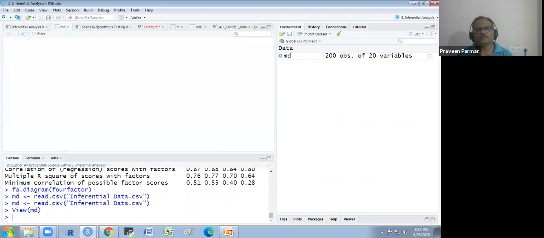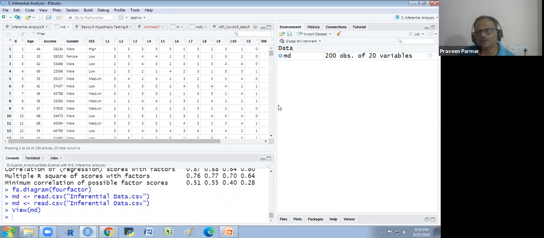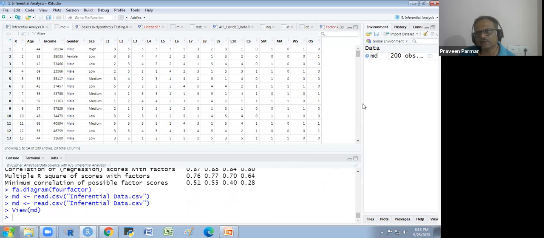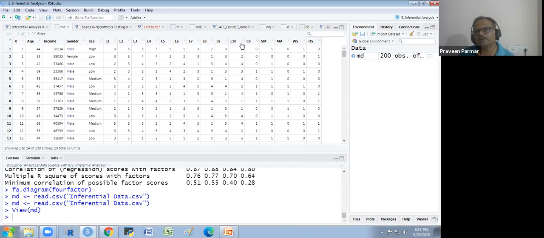This is the data set we have prepared. Hypothetically, I have created this data. There are L1, L2, L3 up to L10 questions, on a 5-point Likert type scale: strongly disagree, not certain, agree, strongly agree. I am converting them into factors. Hypothetically, I found that L1, L2, L3 and L4 are in factor 1, the remaining 4 in factor 2 and the last 2 in factor 3. So I have converted them into factors. How do we score it? I will explain that.